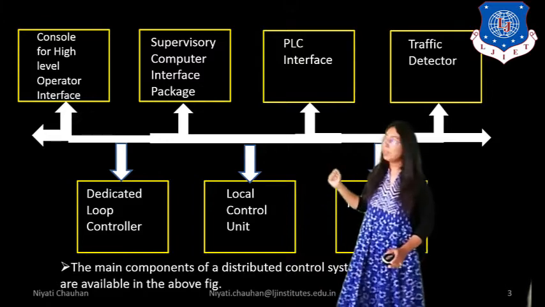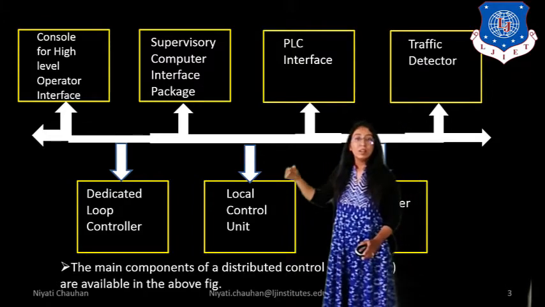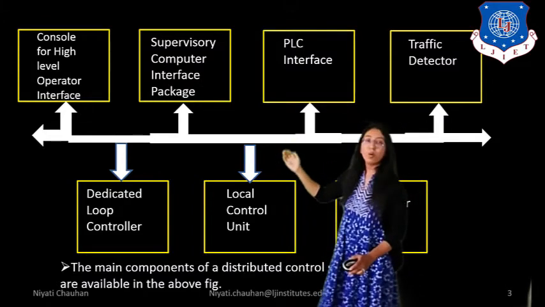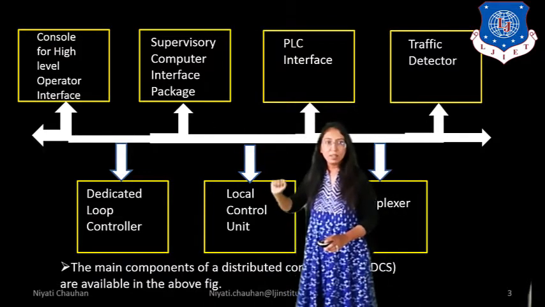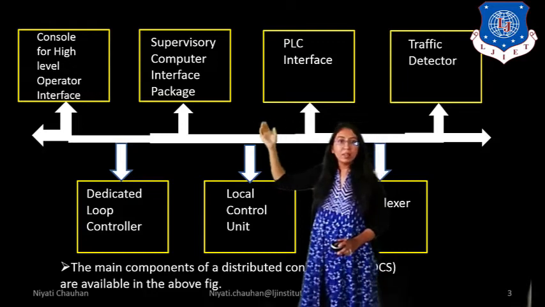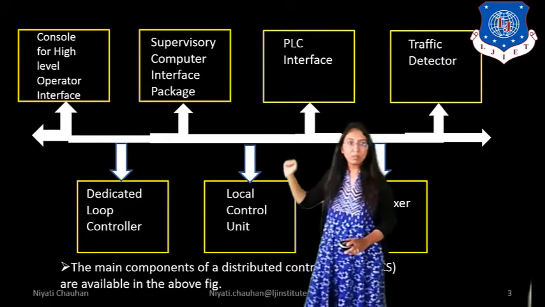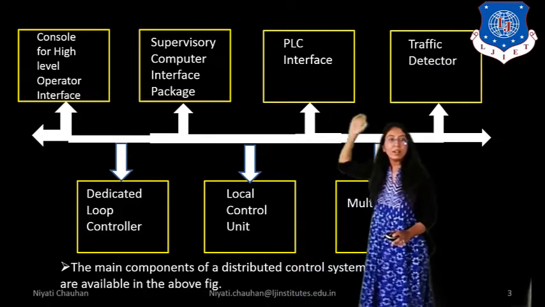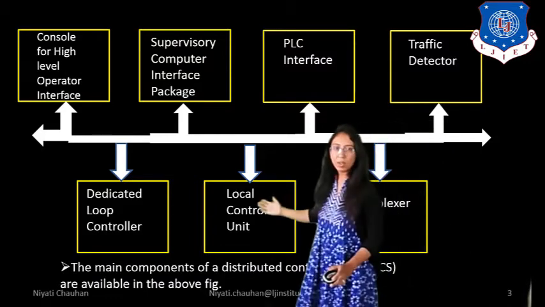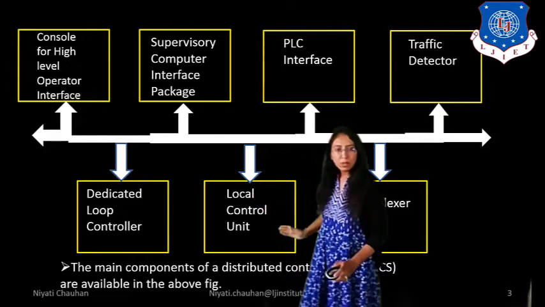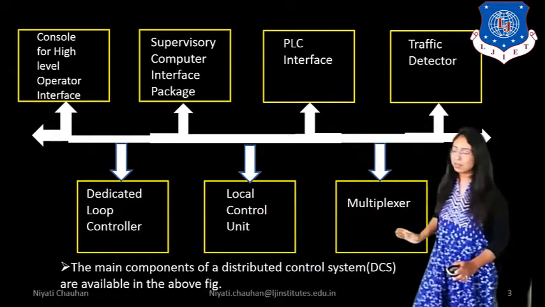In DCS configuration, we know that first is the console for the high-level operators interface, then the supervisory computer interface package, PLC package, traffic detector, then the dedicated loop controller, local control unit and multiplexer.